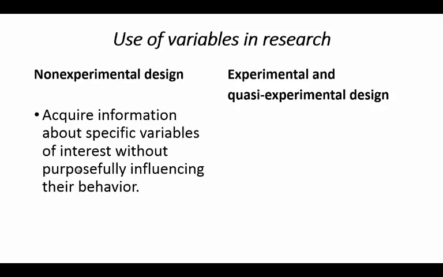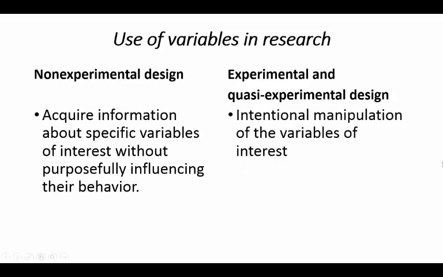I am actually intentionally influencing the variables. So intentional manipulation of the variables of interest. So if I'm doing an exercise program, I'm hoping that the strength, for example, is going to change. Range of motion is going to change.